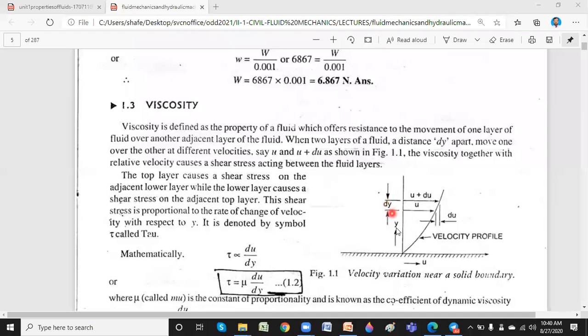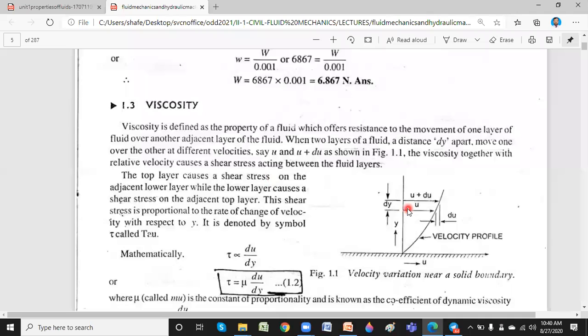The viscosity is because of the shear stress. You have tensile stress and compressive stress; the shear stress is the one which occurs between two surfaces moving in opposite directions.